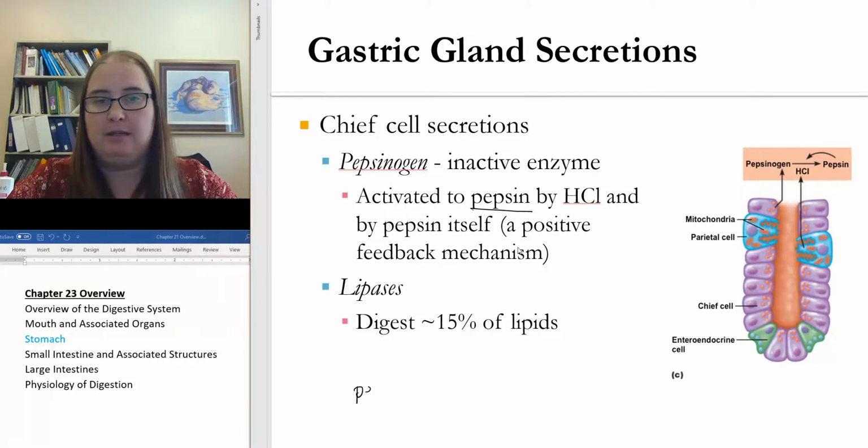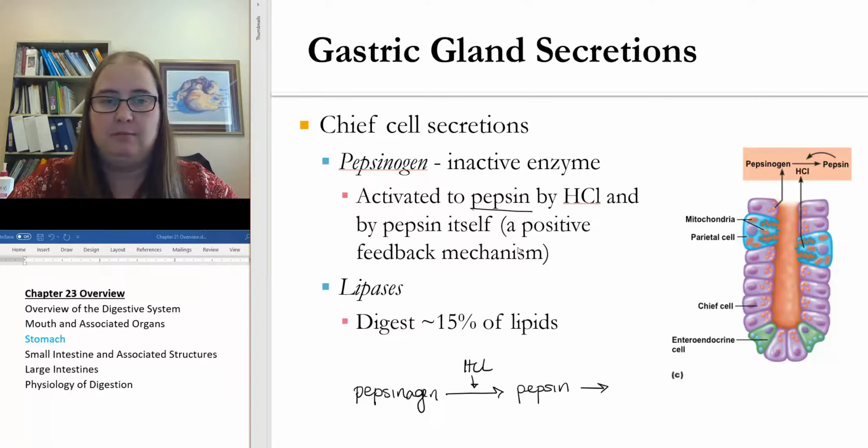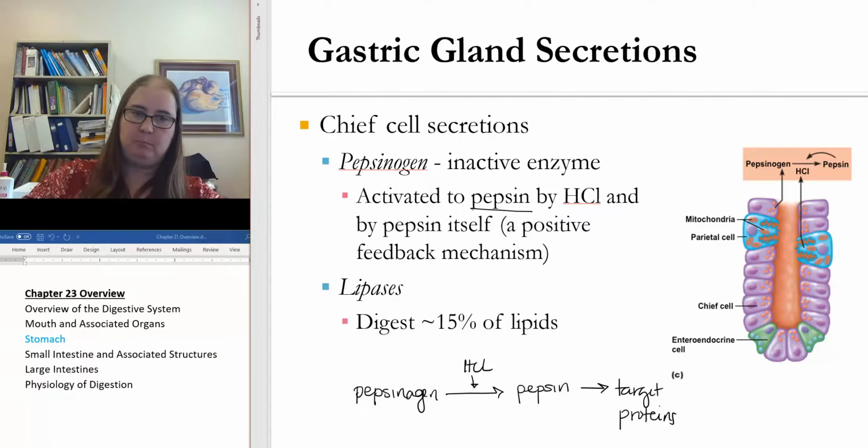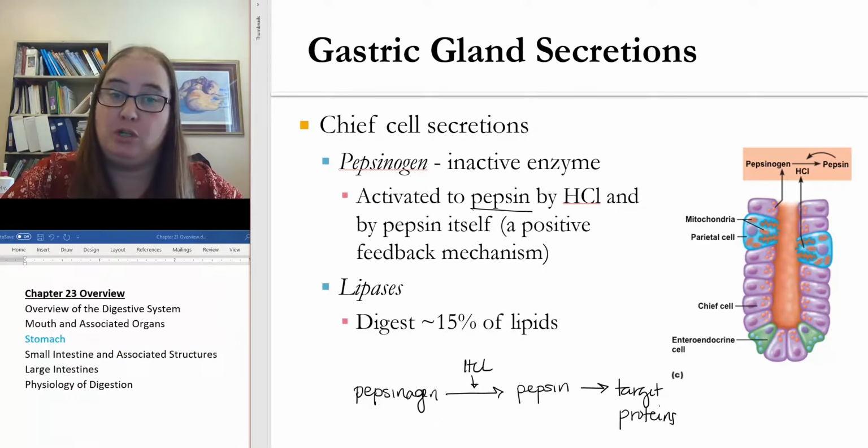So how you can think about this is pepsinogen, plus HCl, and we'll talk about where HCl comes from in a minute, creates pepsin, and pepsin will target proteins. In addition to chief cells secreting pepsinogen, they also secrete lipases.